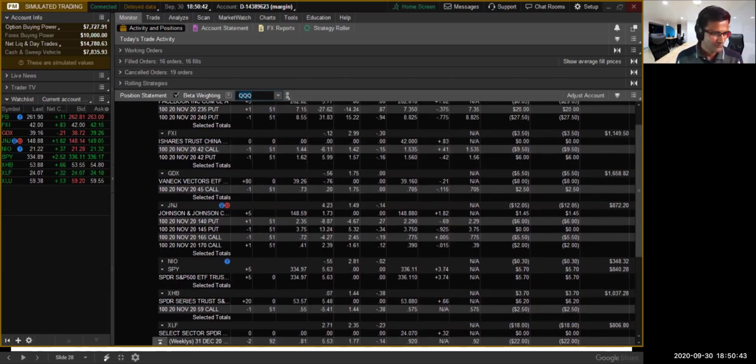I don't know about Fidelity. But if not, Ramesh, we still may have to do some crude calculations to understand what my overall beta weighted delta is, so that we can make decisions at a portfolio level.